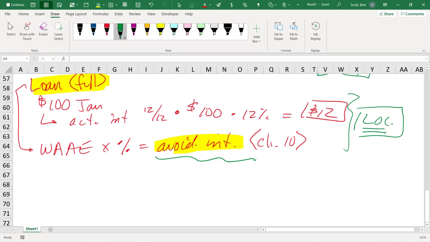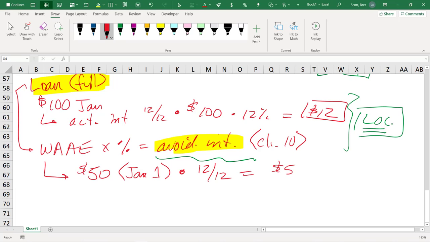So if I do the process that you're supposed to know in Chapter 10, Learning Objective 2, I have to compute the weighted average accumulated expenditures. The first $50 from January 1st, I multiply by the percentage of the year outstanding, 12/12ths, which gets me $50. Then the second amount I borrow, July 1st, multiply that by 6/12ths. That gets me $25.